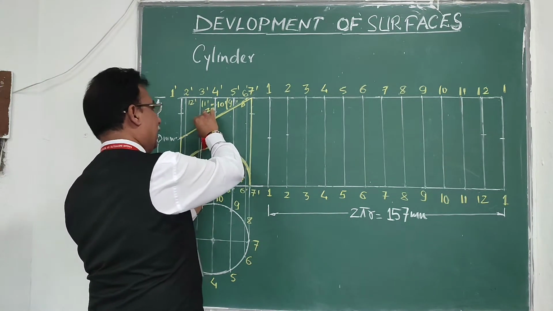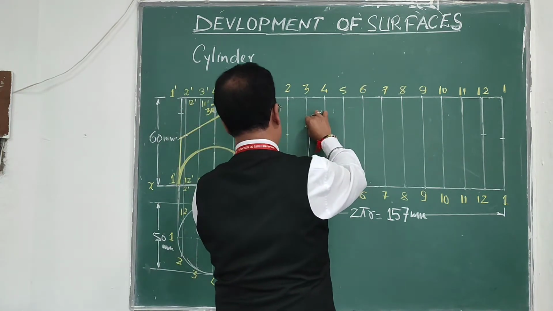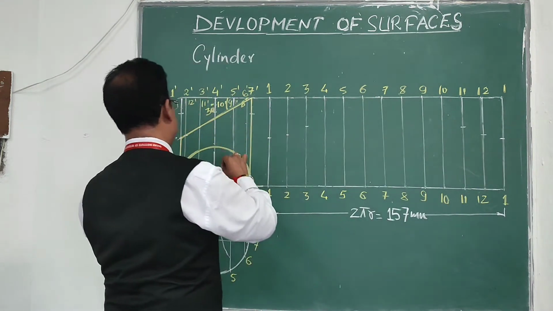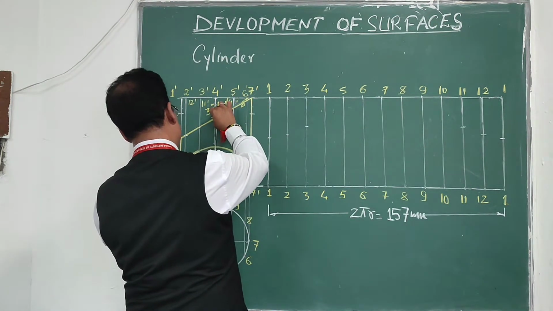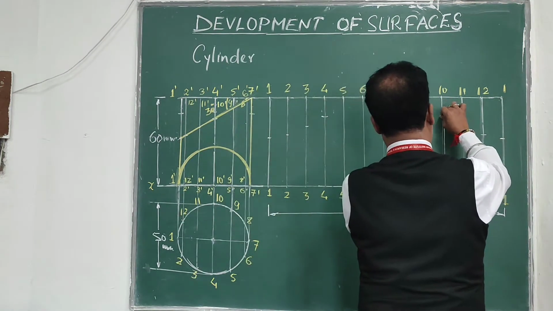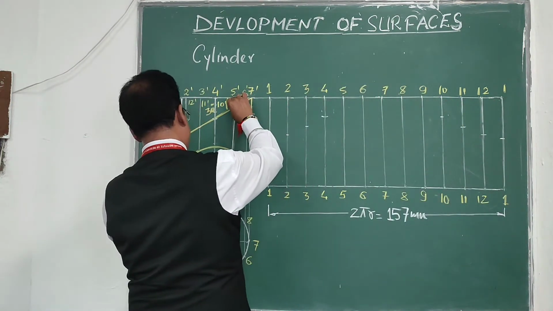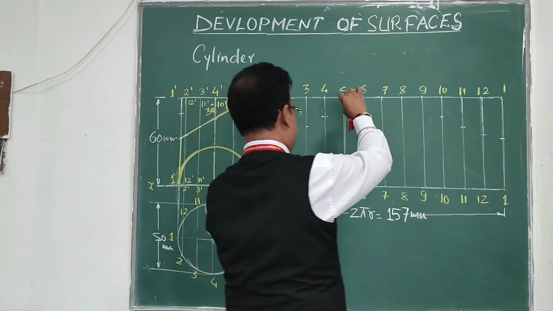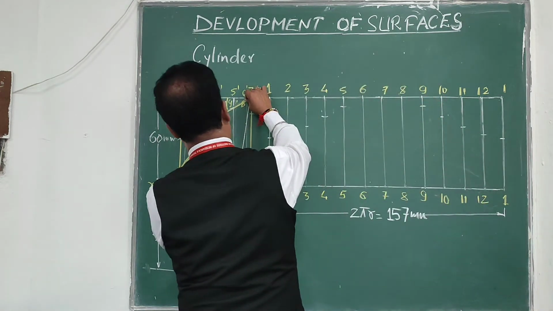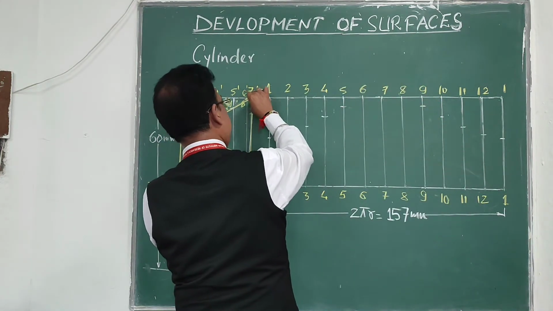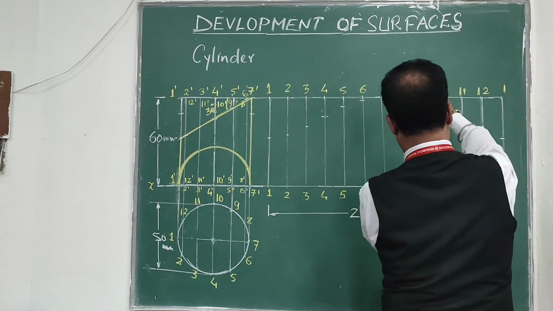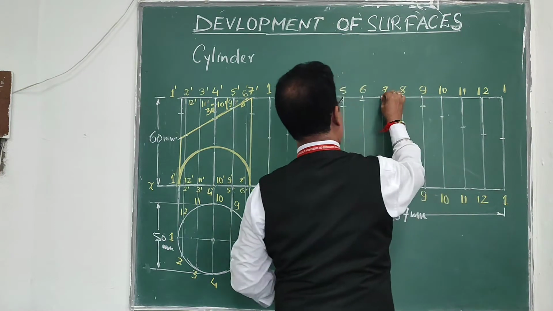Third distance, this 3 11. So this point will be on the 3 and the same distance will be on 11. Then 4 10. This will be on 4 and 10, so this is 4 and this is 10. Then next will be on 5 and 9, so this will be on 5 and this will be on 9. Then 6 8, so on the 6 and on the 8 and finally 7.